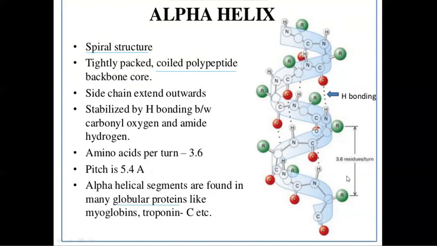Here 3.6 amino acids are present in each turn in these alpha helix structures, and the length from this point to here will be 5.4 angstroms. And these alpha helix structures are present in globular proteins, for example myoglobins and troponins.